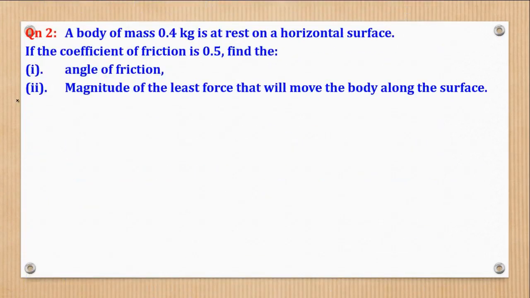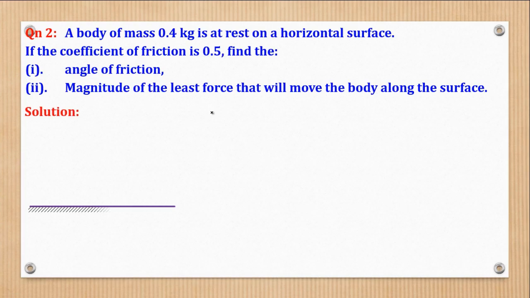That was question 1. Question 2, a body of mass 0.4 kilograms is at rest on a horizontal surface. If the coefficient of friction is 0.5, find (i) the angle of friction, and (ii) the magnitude of the least force that will move the body along the surface.